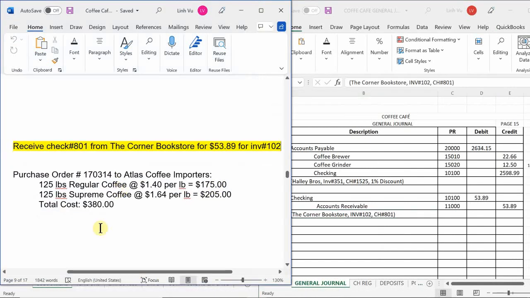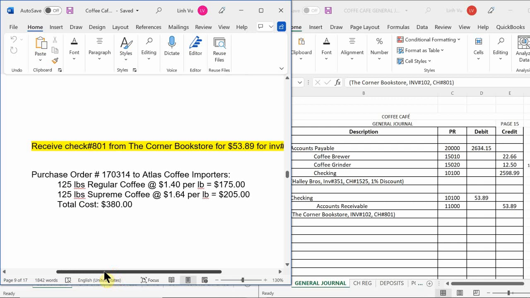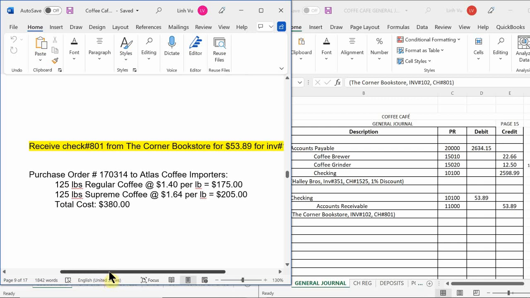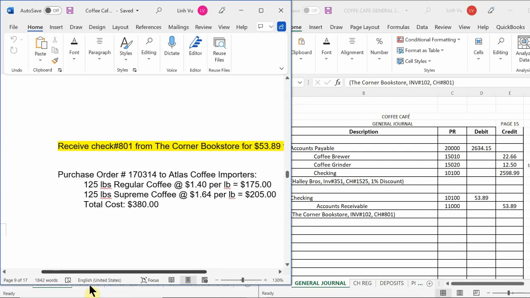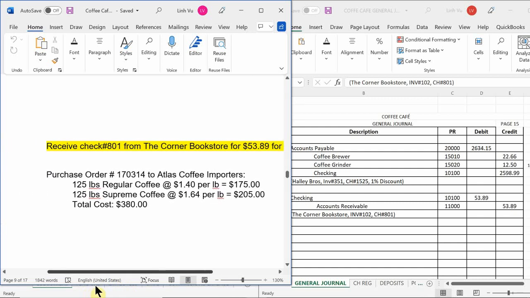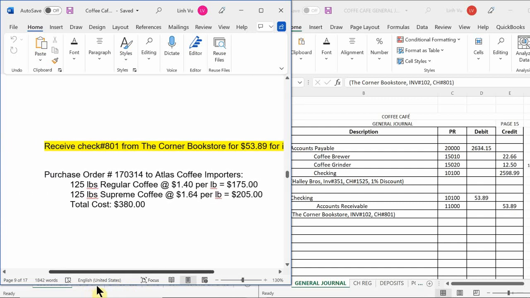Okay. So the next thing we have here is another purchase order, number 314, to Atlas Coffee for another 250 pounds. Do we need to make the deposit? Did we do that part? Okay, we're good. We'll do the deposit.